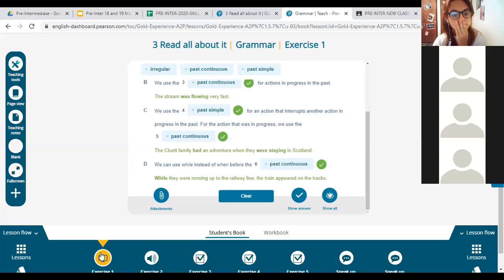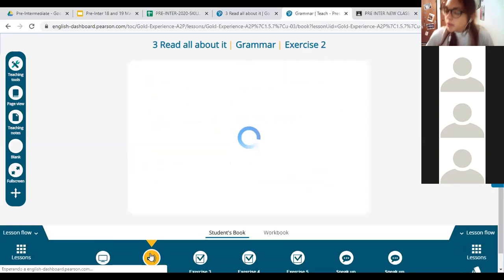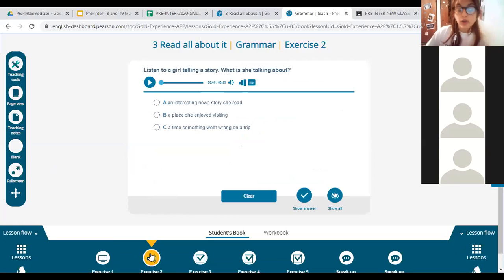Yes. We will move to exercise 2. We're going to listen to a girl that is telling us a story, and then we need to choose one option, the correct one. What is she talking about? So this is a short one.